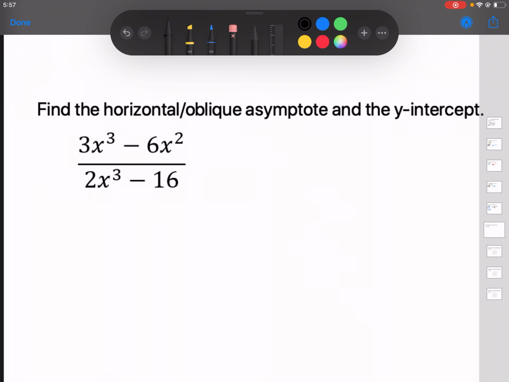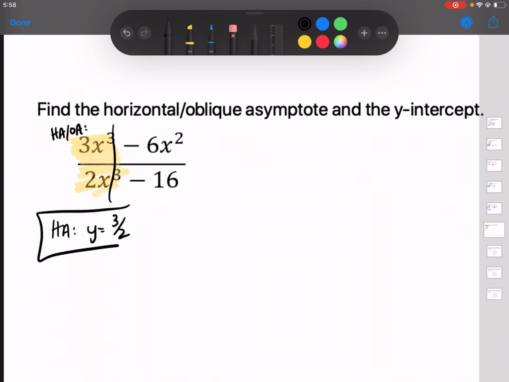Let's do one more and then we'll do some graphing. So, once again, horizontal or oblique. You just divide those. So 3x cubed divided by 2x cubed is just 3 halves. So our horizontal asymptote is y equals 3 over 2.